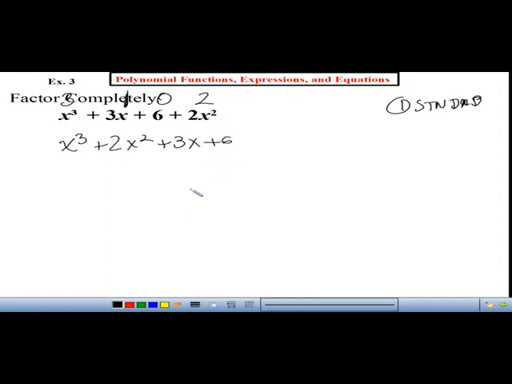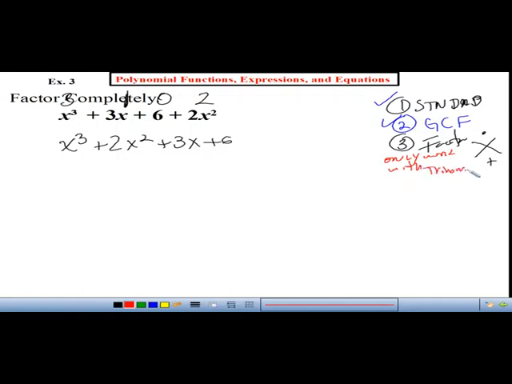Next step, GCF. All right, guys, look at it. Does it have a GCF other than 1? Nope. So we're done with step 2. Step 3, according to the process I gave you, is factor, but using this method, which only works with trinomials.